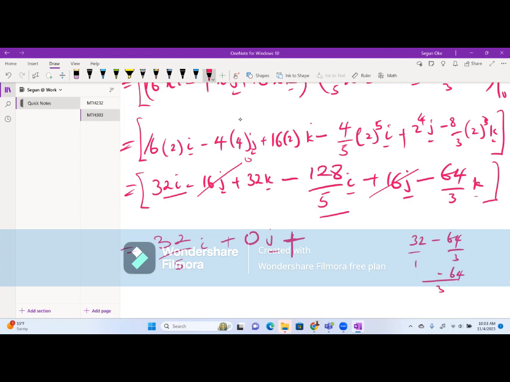So here we have 3 times 32, 96. 96 minus 64 is 32. So 32 over 3 k.